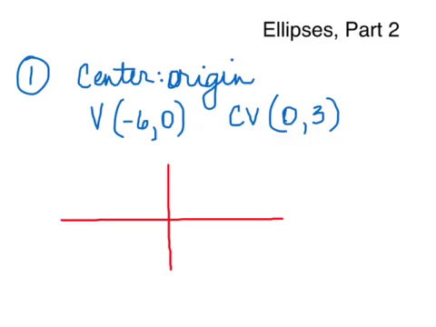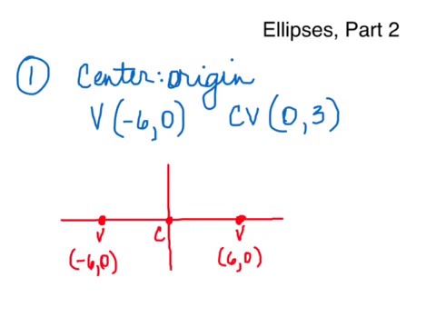So -6, 0 would be somewhere over here, so this would be a vertex. If the center is at the origin, you can already know that the other vertex is going to be over here, and it's going to be at 6, 0. Then, same with the co-vertices.